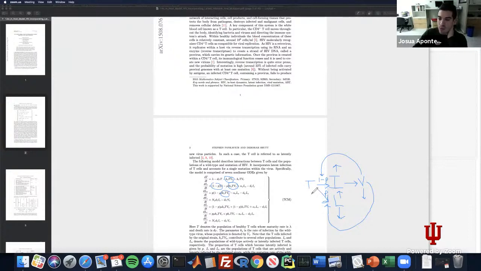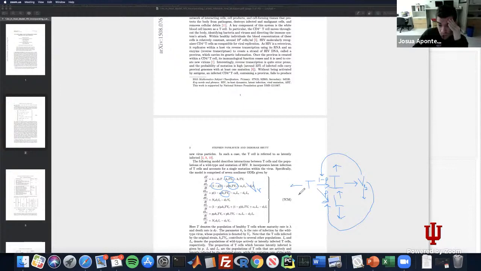But in this particular model, they have a two virus competition. So they have a wild type virus that they're calling S, and a mutant type virus that they're calling VR. I'm going to write it here. And what happens is that they behave equally.